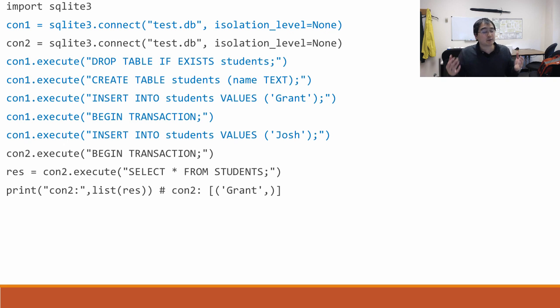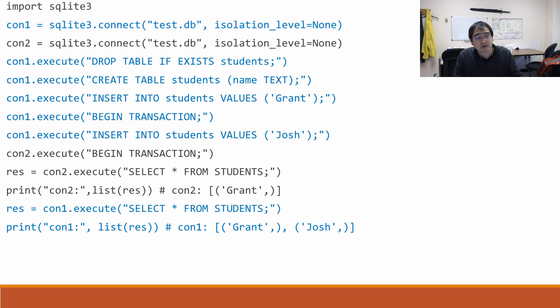Well, it gets back Grant because that was committed, but it doesn't get back Josh because inserting Josh into students was not committed yet. So connection 2 only sees Grant. That's the whole point of these transactions. You don't get to see the changes that other transactions make until they commit.